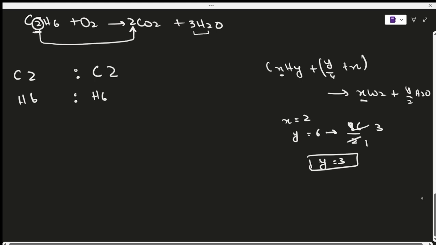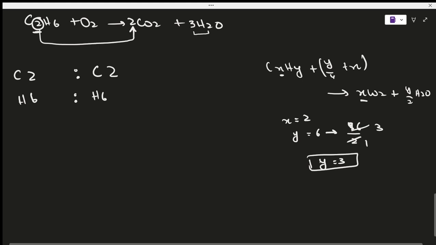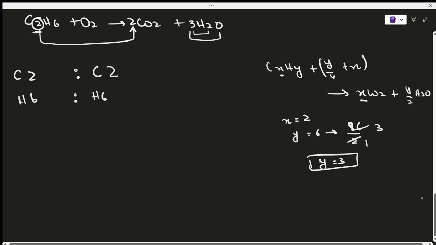What remains? The only thing that we need to balance now are the oxygens. So we'll see how many oxygens are there on the right. You have 3 oxygens here and you have 2 multiplied by 2, 4 oxygens here. So that means a total of 7 oxygens are present here.